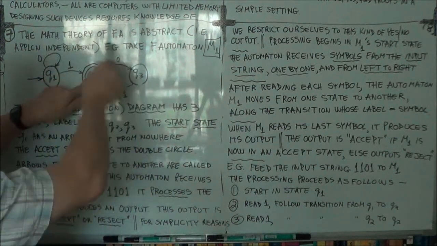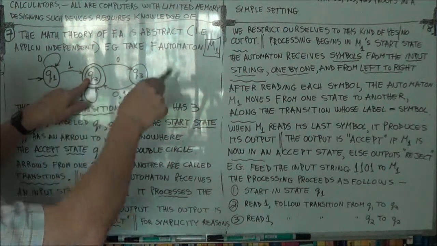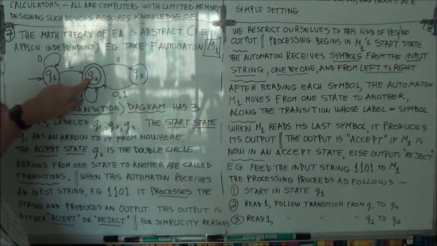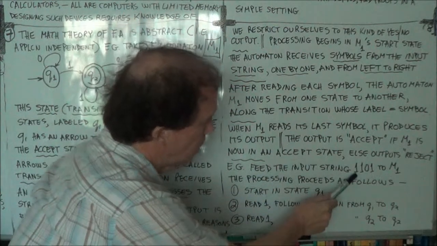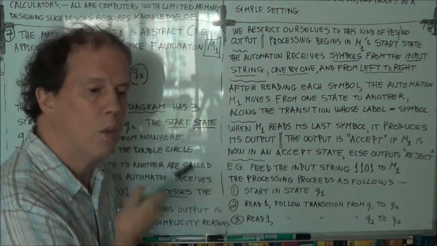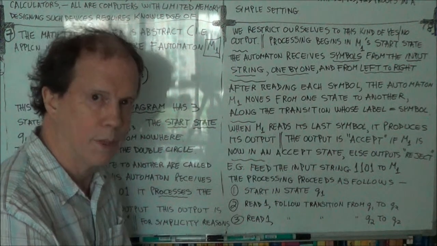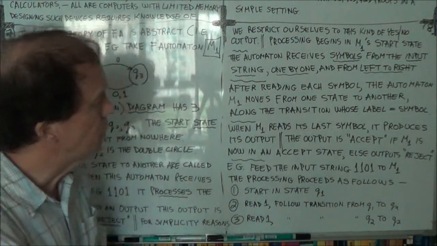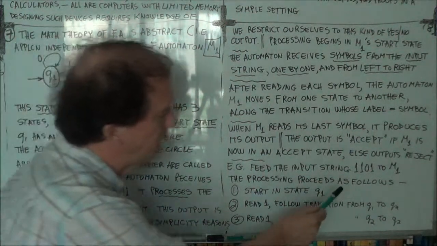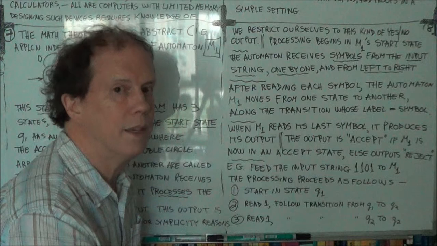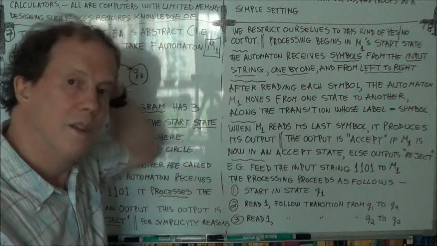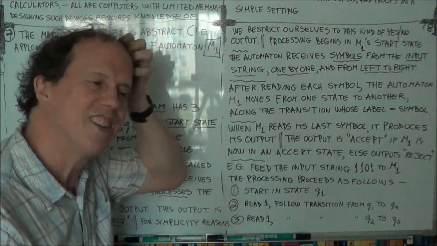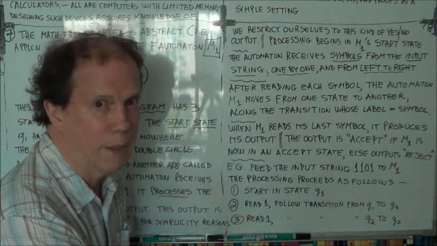So this automaton will give a decision of accept. Summarising, this automaton with this input string will give a decision accept. So there is something about this string that is acceptable to this automaton. That's a hint, a clue to what's coming.